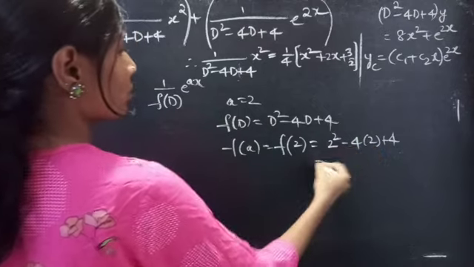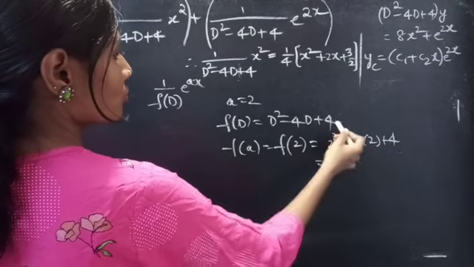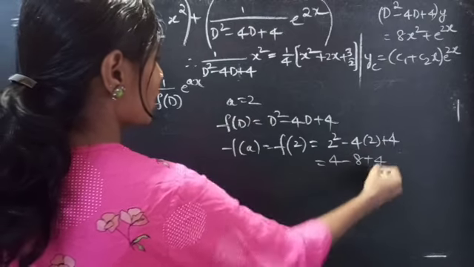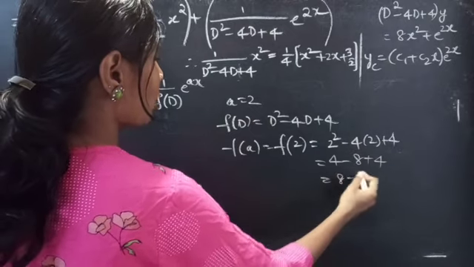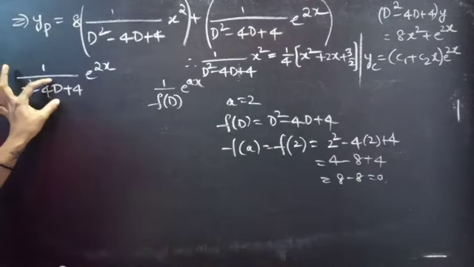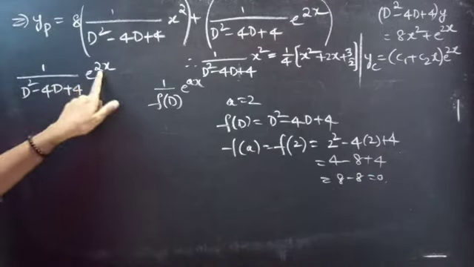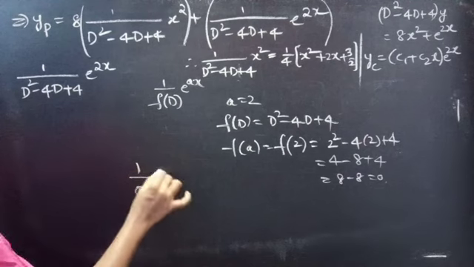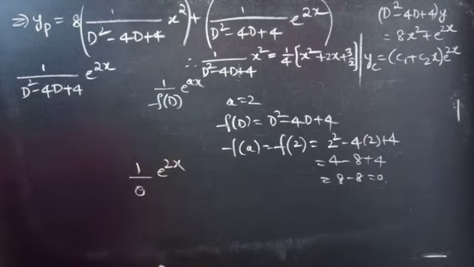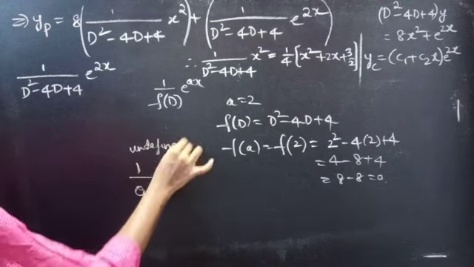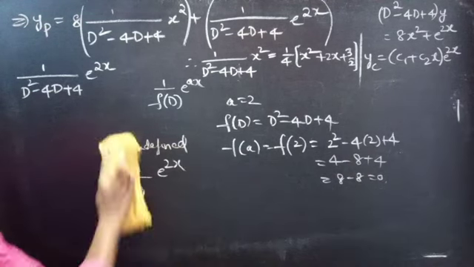Then we'll get 2 square minus 4 into 2 plus 4. 2 square is 4 minus 4 twos are 8 plus 4, which is 4 plus 4 is 8 minus 8, which equals 0. Always remember that the denominator must be non-zero after replacing d with 2. But here, by replacing d with 2, we got 0 in the denominator. We know that 1 by 0 into e power 2x is undefined because 1 by 0 is undefined, so the total term becomes undefined. So we need a non-zero term in the denominator.